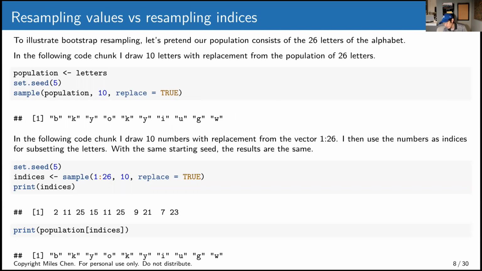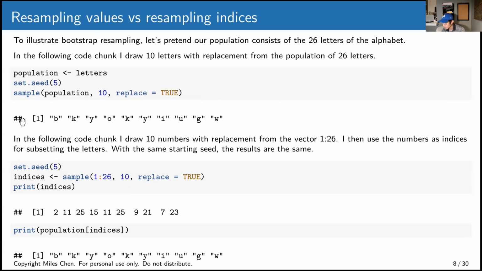Just for the purpose of illustration, we're going to pretend that our population is the 26 letters of the alphabet. We're going to sample with replacement, and we can see what kind of values we get.